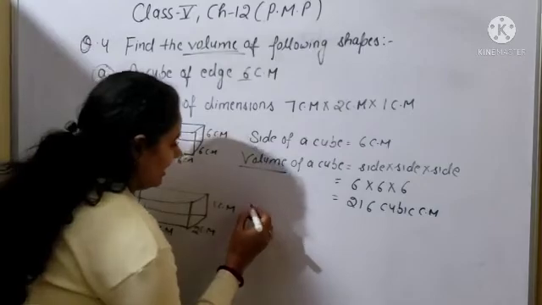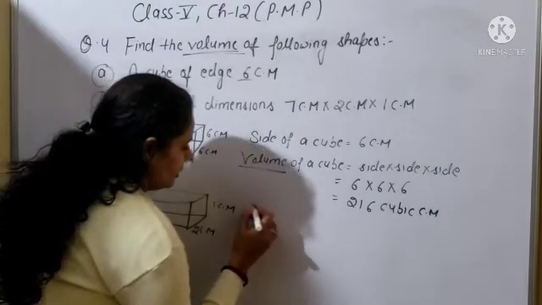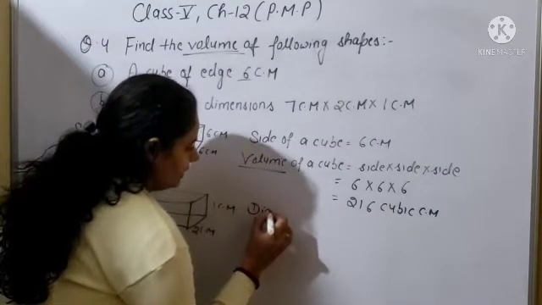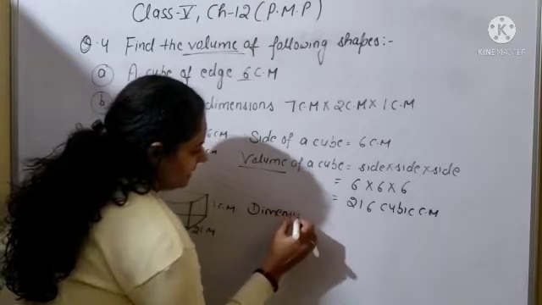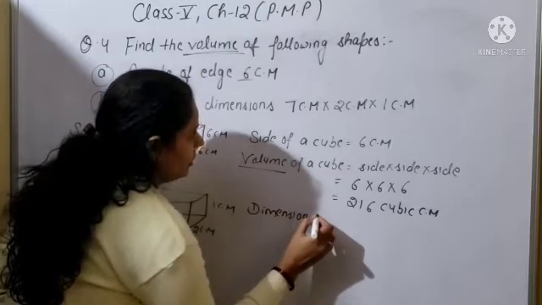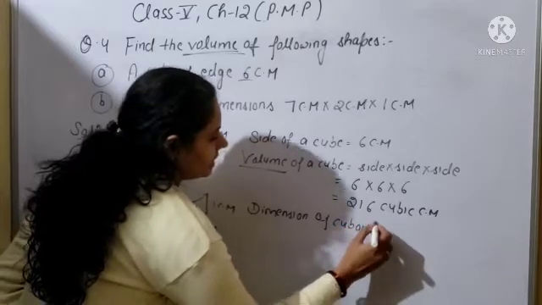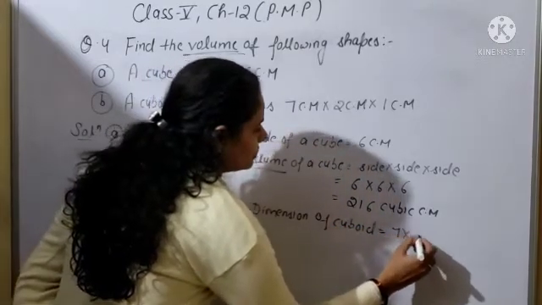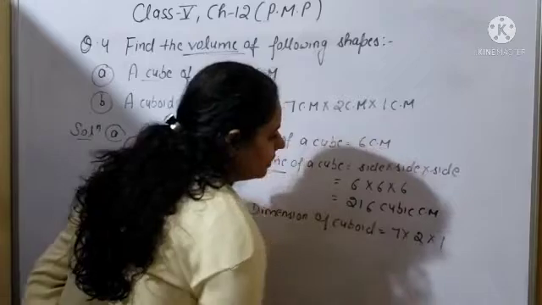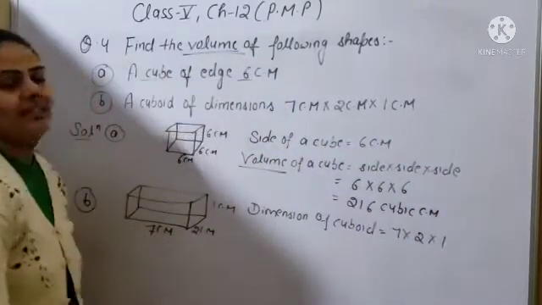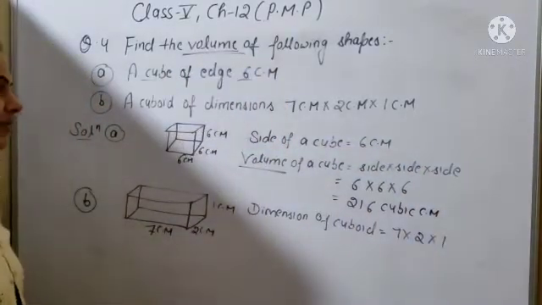So you will write it as dimensions. Dimensions means sides: length, breadth and height. Dimension of cuboid is equal to 7 into 2 into 1, or you can write it as 7 centimeter into 2 centimeter into 1 centimeter.